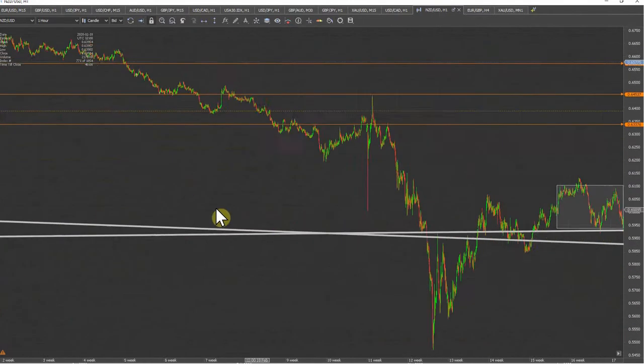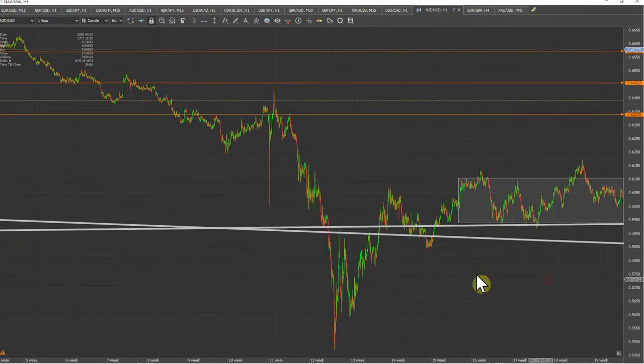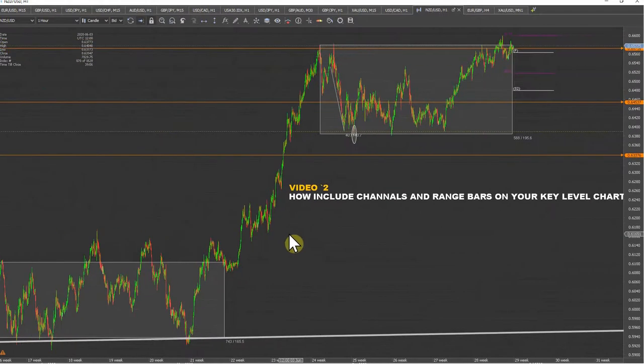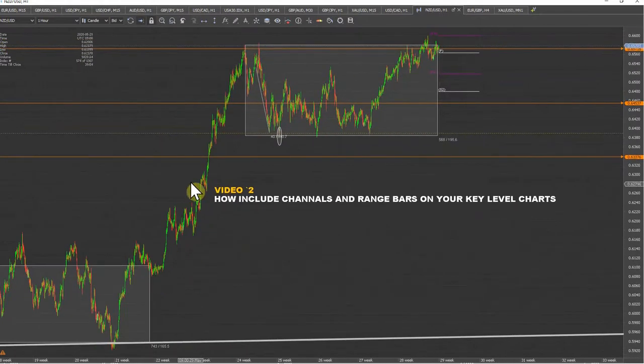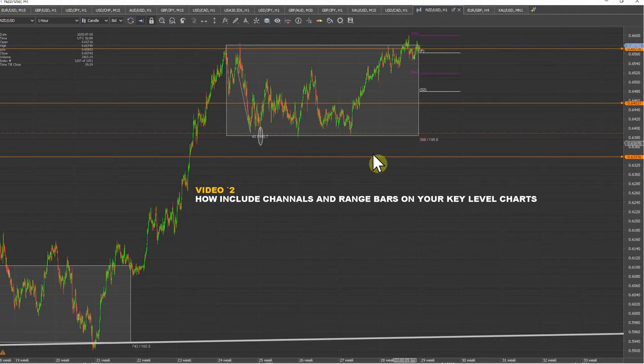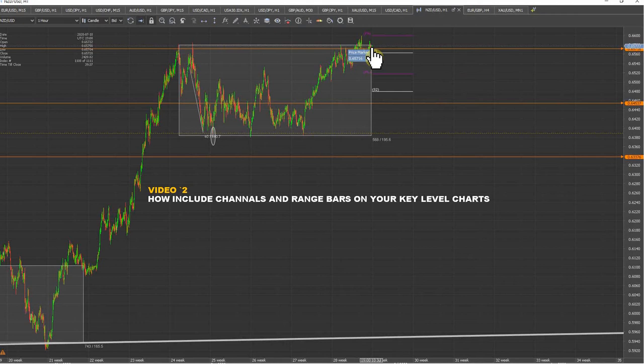It also covers how to draw ranges, and that's all included with your key levels. I hope that's helpful, but it's not complete because you need to learn how to enter on a daily basis, and I'll give you tips on how to join a trend after it's already taken off. Like today, where were you getting on this particular move? I'll show you how to do that on the next video.